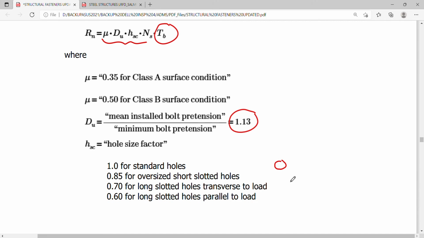Oversized and short slotted holes are somewhat ovalized like this, and long slotted holes are actually elongated, wherein the loads are transverse, and these are simply long slotted holes wherein the loads are parallel to the load.